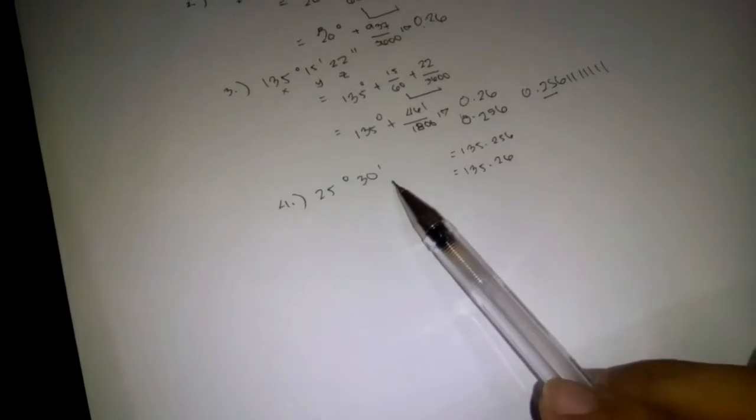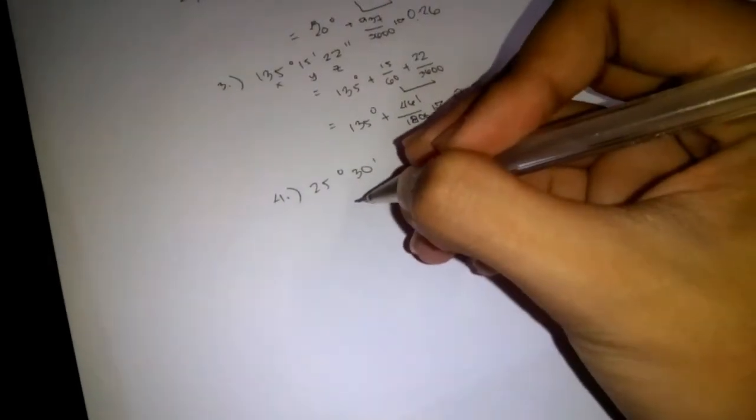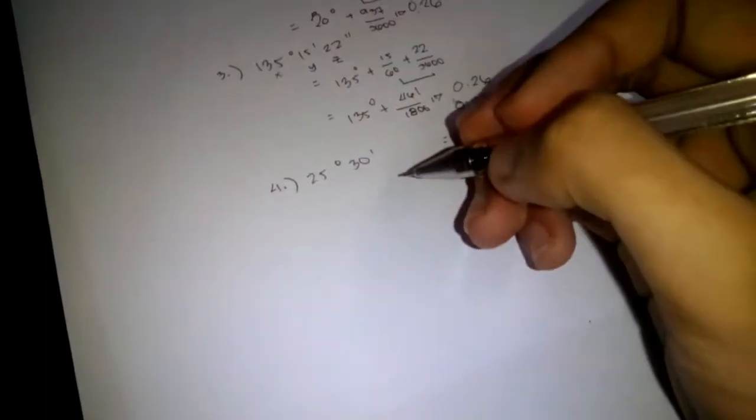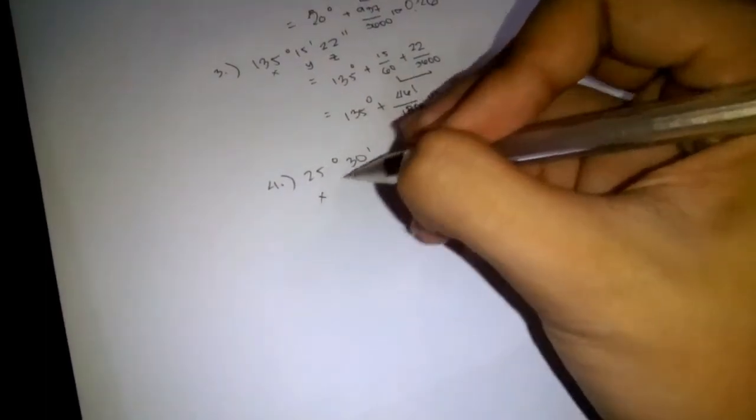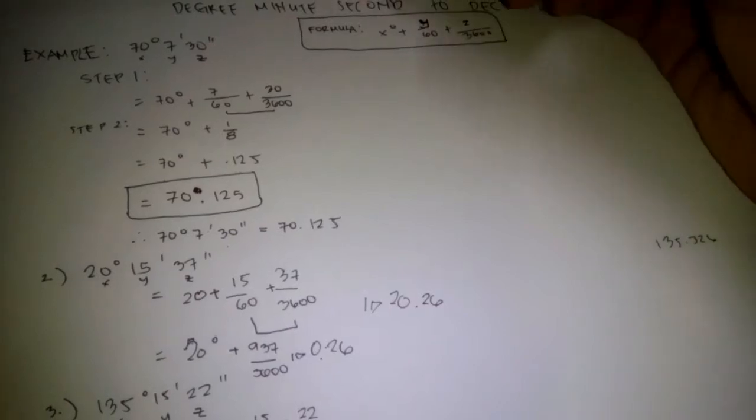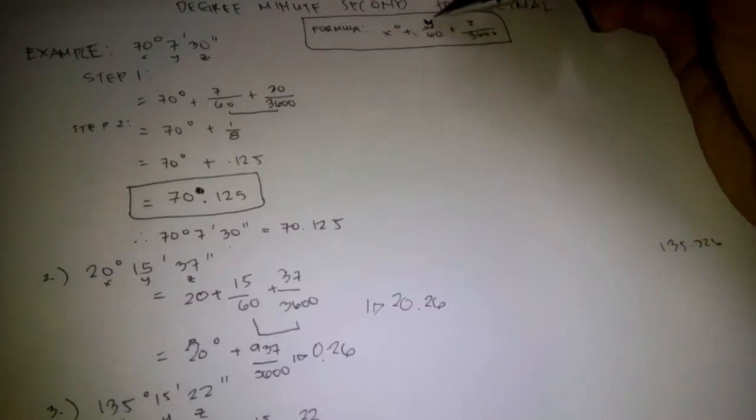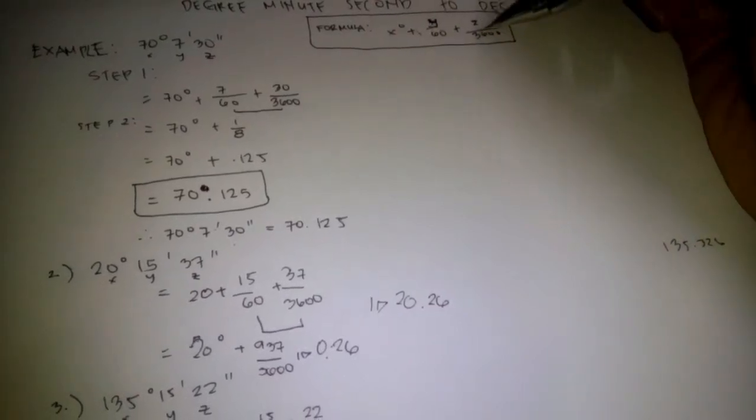So let's have our next given: 25 degrees and 30 minutes. Substitute. In this case, we only have x and y, so we only need to use x plus y over 60 because we don't have the z part.